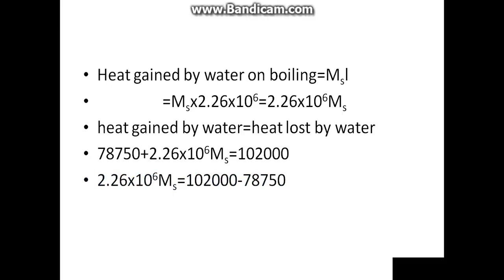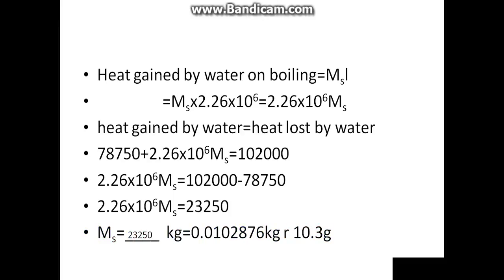So 2.26 times 10 raised to power 6 Ms is equal to 102,000 minus 78,750, which is 23,250. Ms is equal to 23,250 over 2.26 times 10 raised to power 6, which is equal to 0.010286 kilogram, or 10.3 grams.